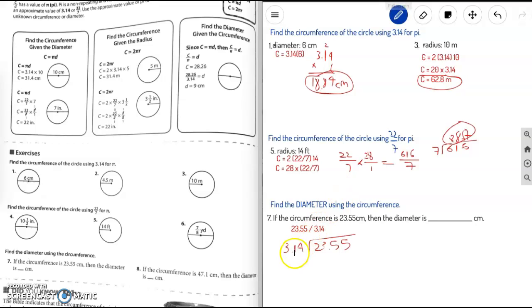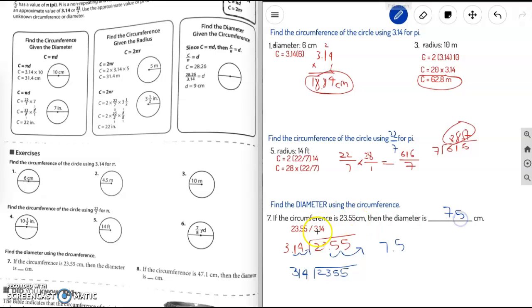Yeah, turn into a whole number. 1, 2. Same here. 1, 2. So what would be my new problem? Yes, it will be 2,355 divided by 314. And that gives us 7.5 centimeters.